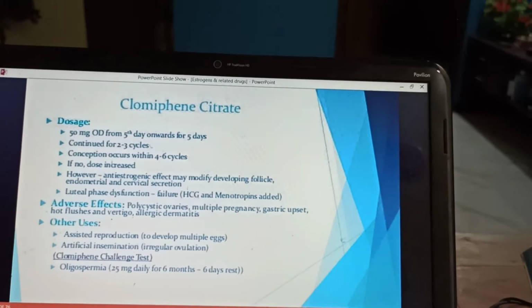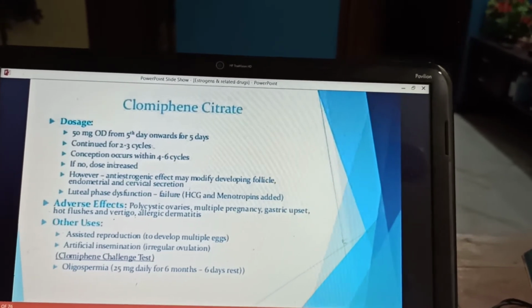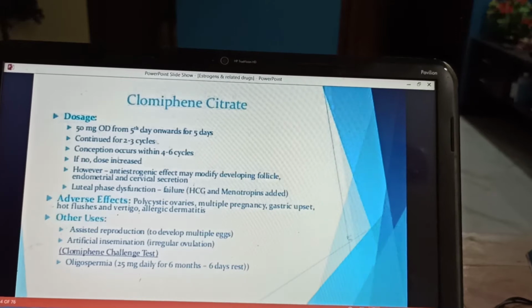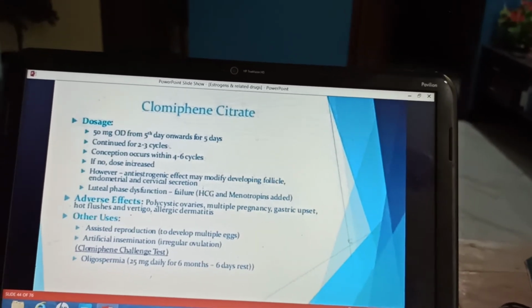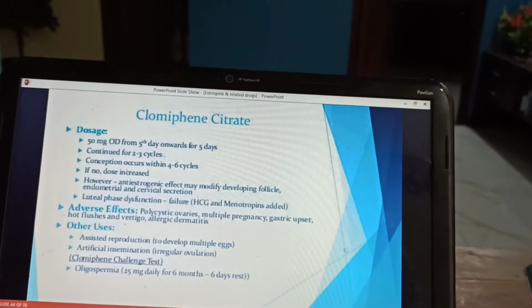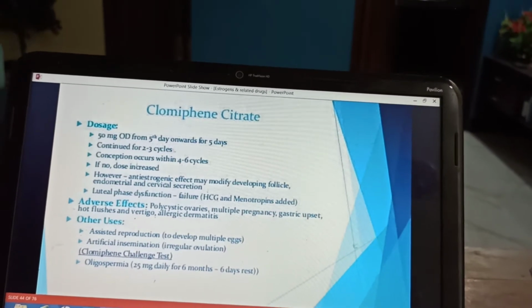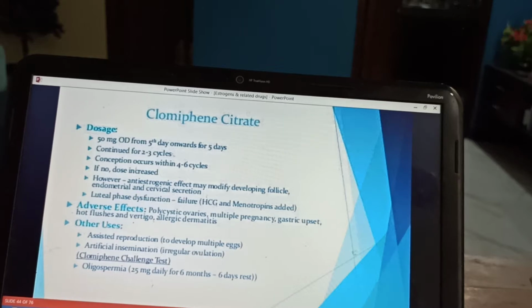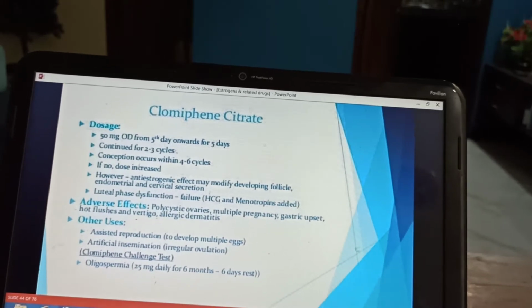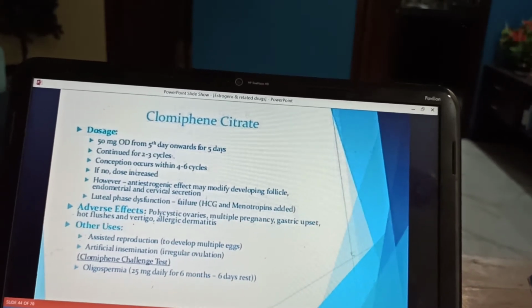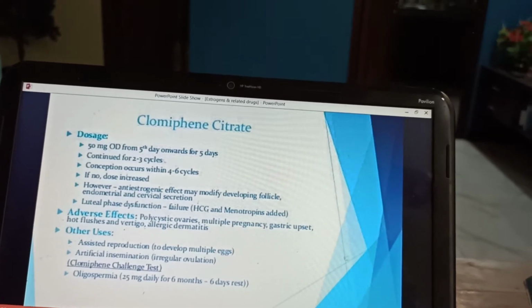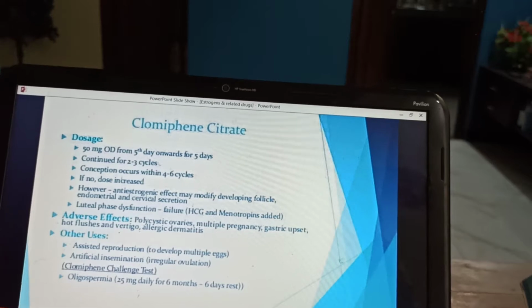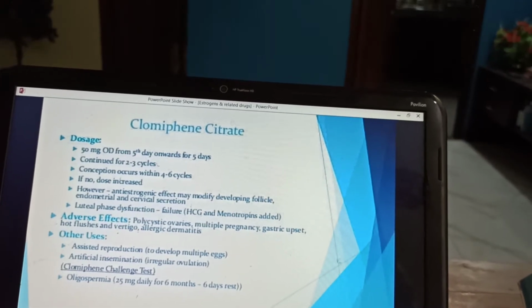So there can be luteal phase dysfunction, and that can lead to the failure of clomiphene citrate. So at the end of the cycle, generally addition of human chorionic gonadotrophins and the menotrophins to the last 2 days of the course can improve the success rate.